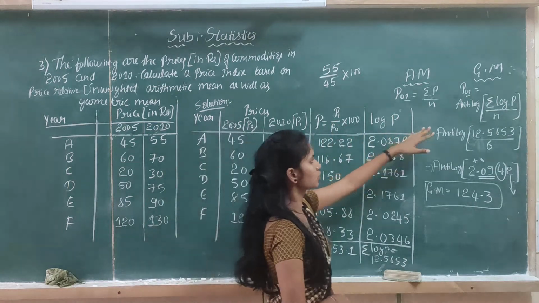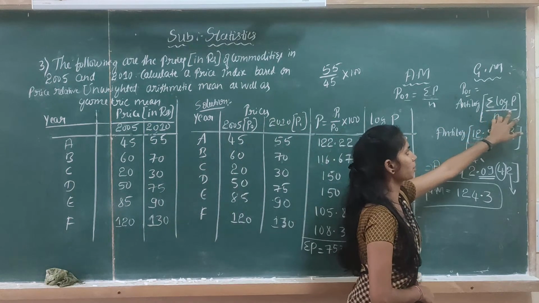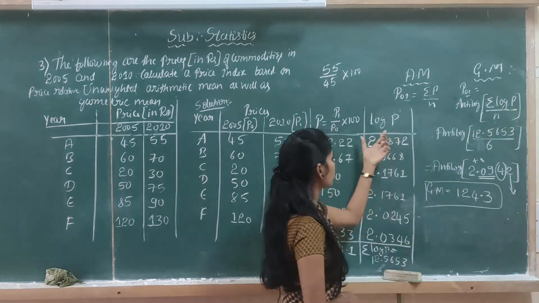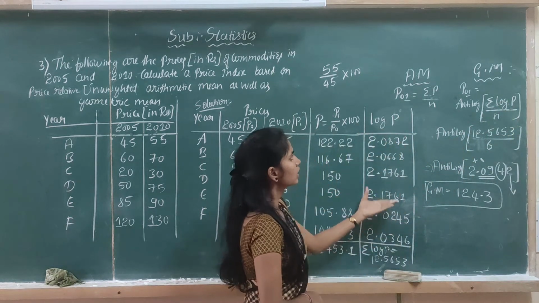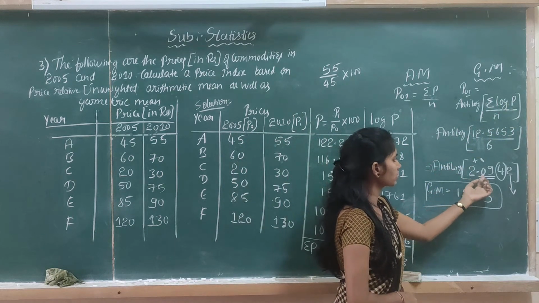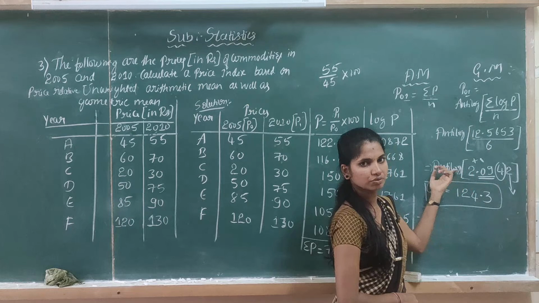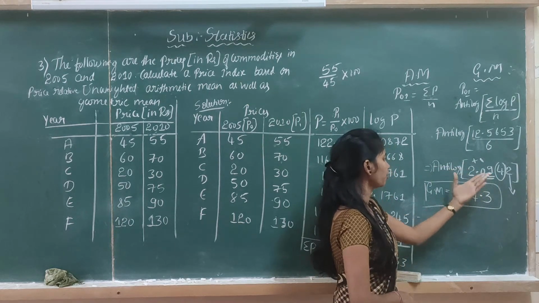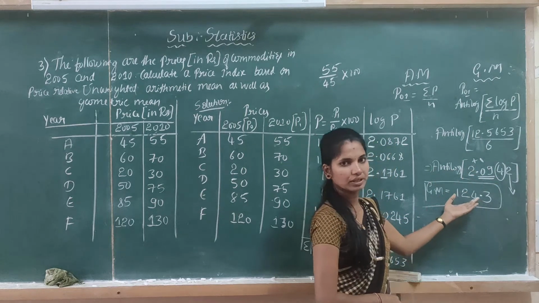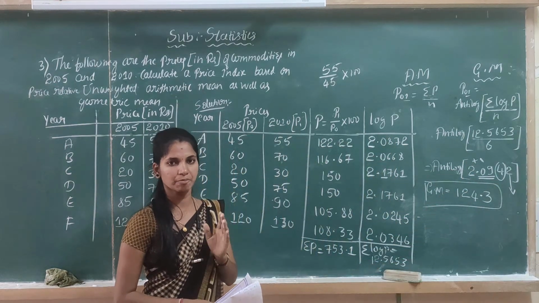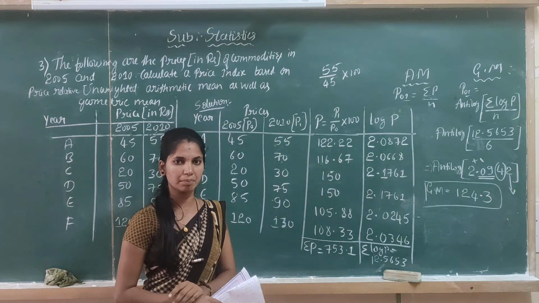And for the geometric mean, summation log of P: for P you find the log, then take the value 2.0942 and find the anti-log for this value. The value is 124.3. This is the overall concept of unweighted price index number or simple price index.